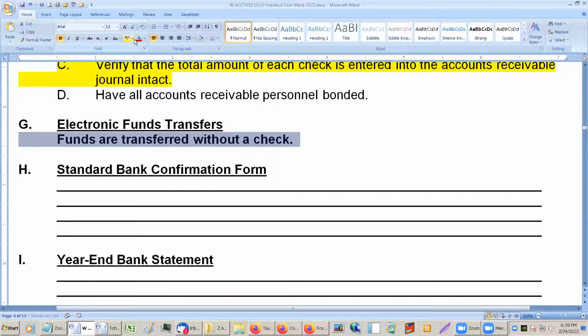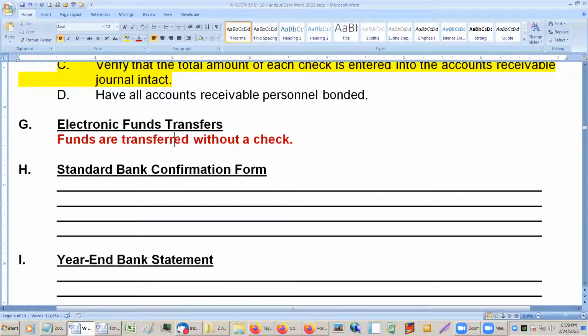This is very common nowadays. And there are some places that won't do it any other way. If you get a mortgage nowadays, a lot of the time, they say that it has to be made electronically.